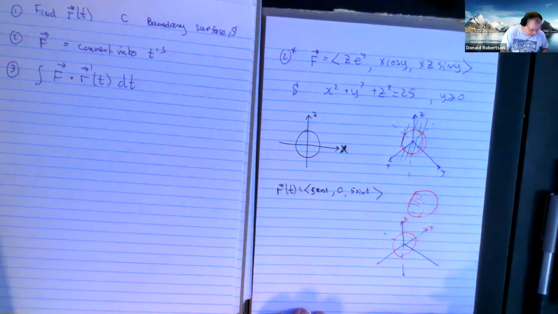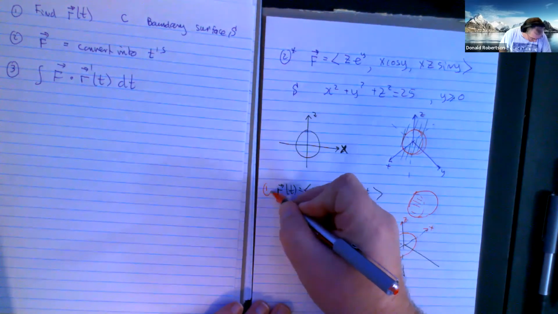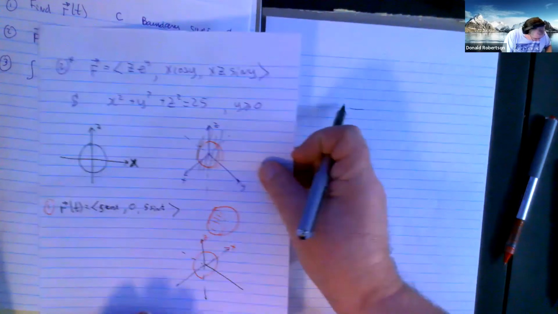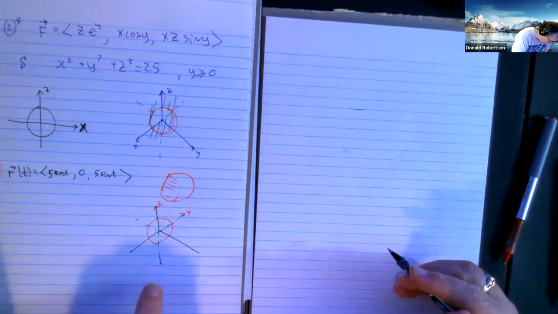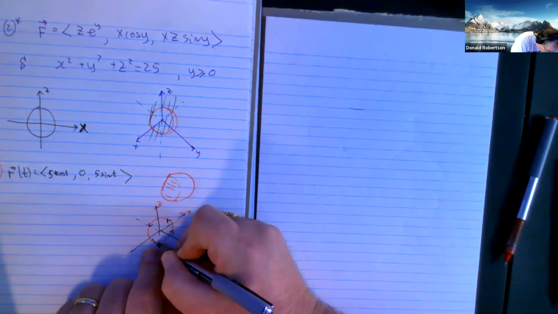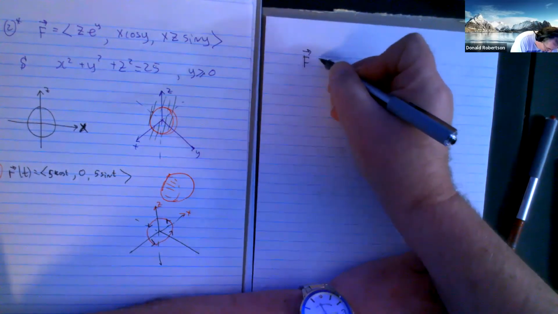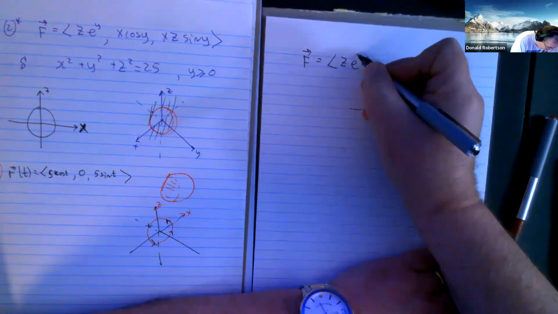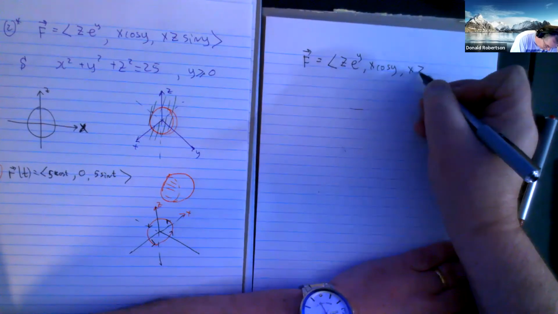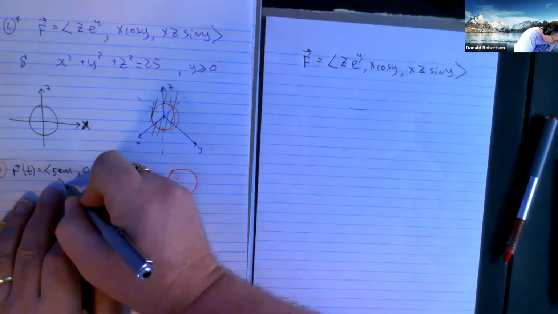So we have got step 1. Find the parametric equation of the boundary curve C. So it ends up being this guy here. My vector field is this fellow. X is that guy, Y is 0, Z is that guy.